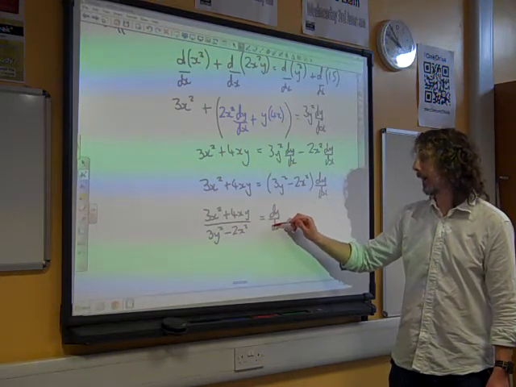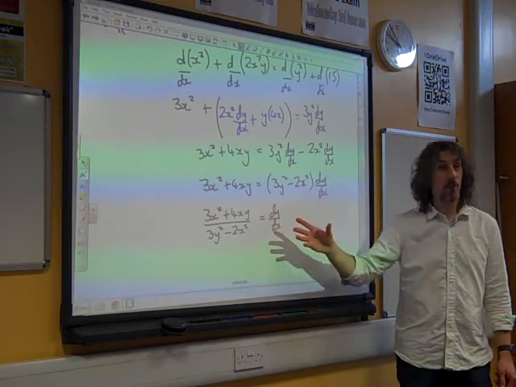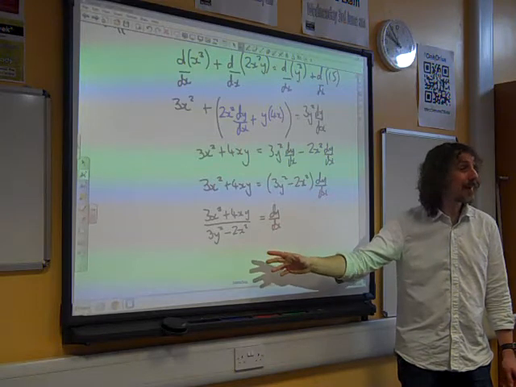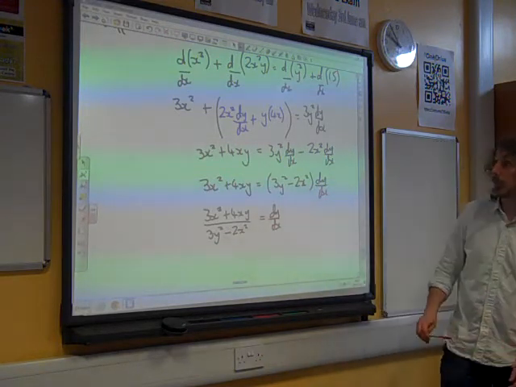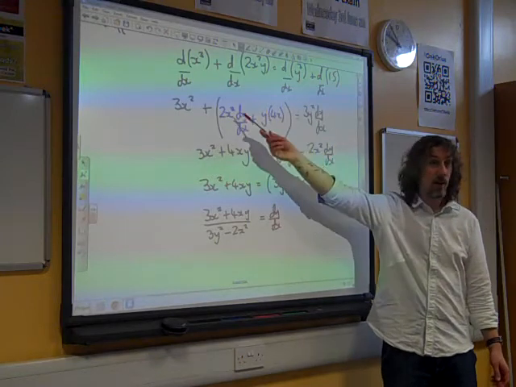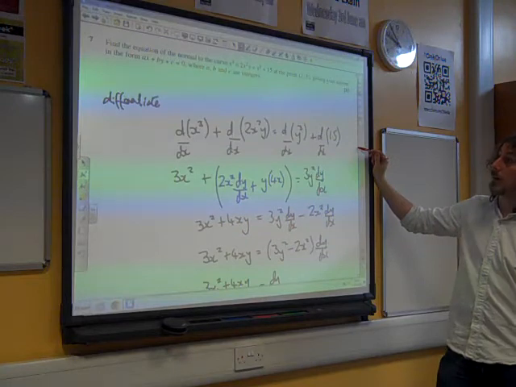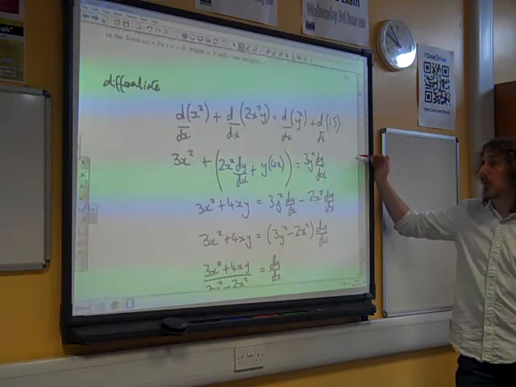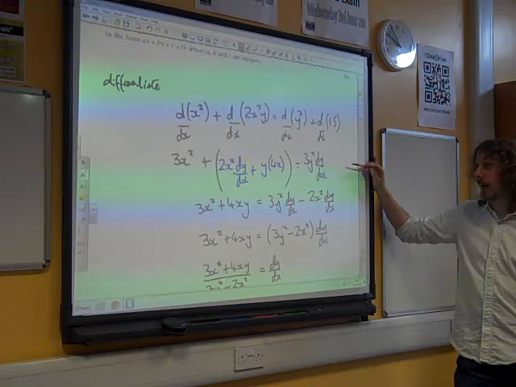Now, I didn't have to take it to this point. I could have subbed in x equals 2 and y equals 1 straight away at the stage after differentiating, and then simplified to get dy by dx from that point.